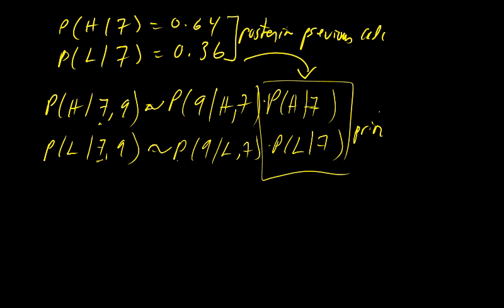So what we can do is set this equal to 9 out of 54 times 0.64, and 2 out of 54 times 0.36.